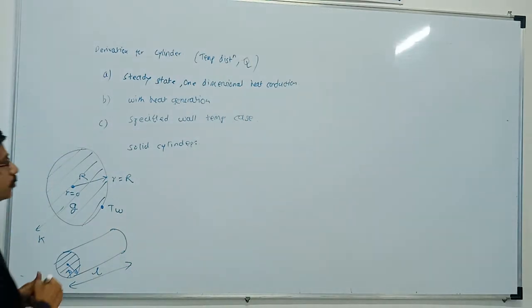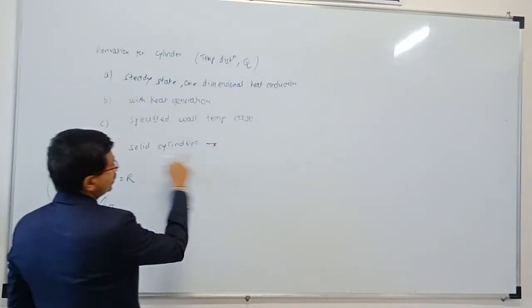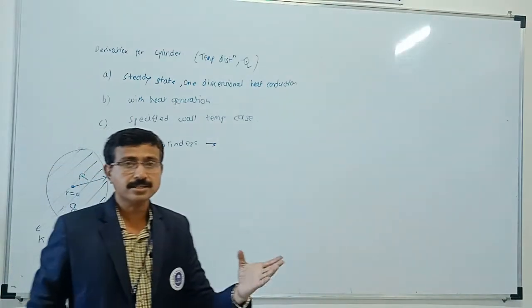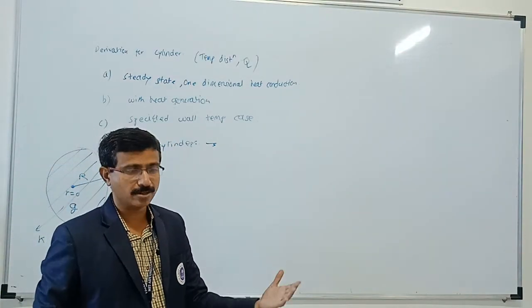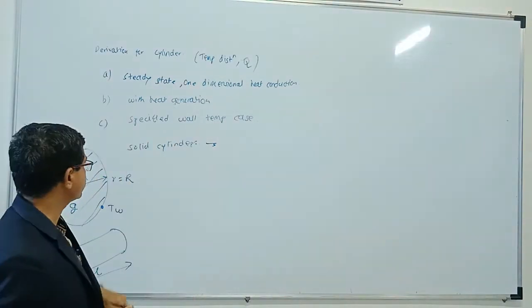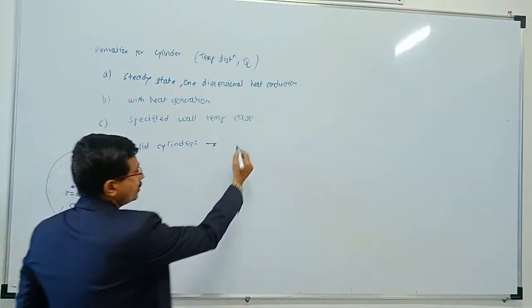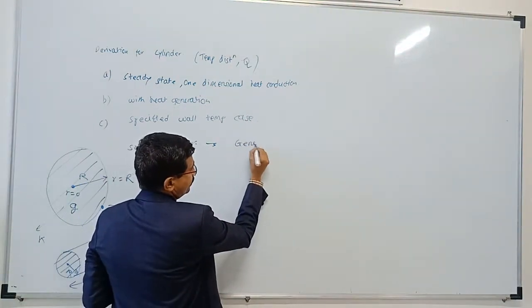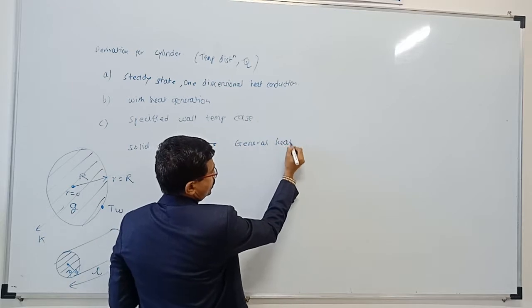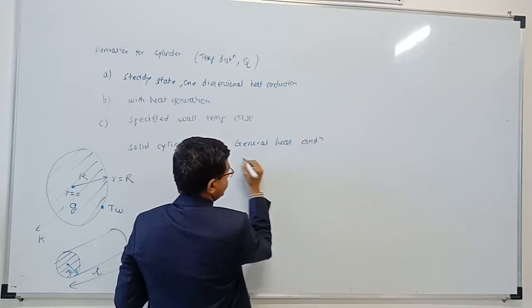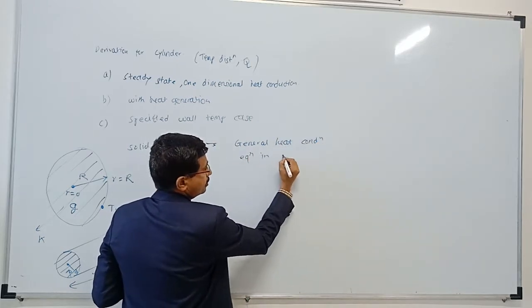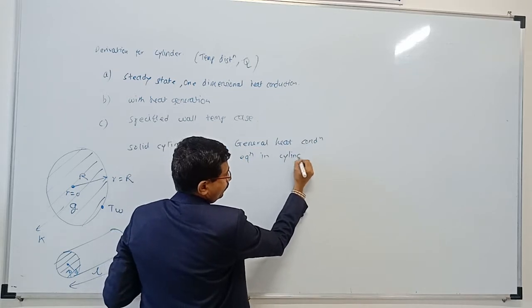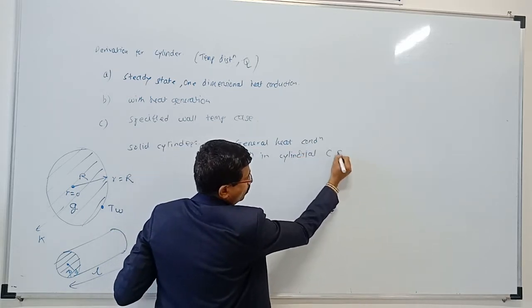I will start now. Which coordinate system can we use for a solid cylinder? Cartesian, cylindrical or spherical? Yes, of course, the cylindrical coordinate system, because it is a case of a cylinder. So I will use the general heat conduction equation in cylindrical coordinate system.